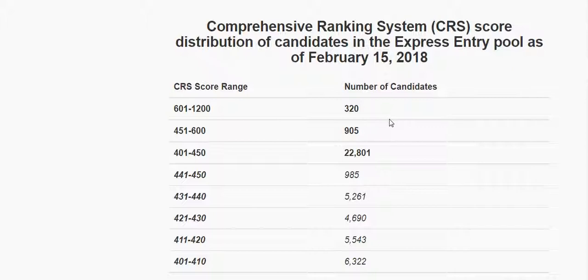In the comprehensive ranking system score distribution of the candidates in the Express Entry pool as of February 15, 2018, this shows how many people have actually got PR. Here, 302 candidates were having 601 to 1200 points.